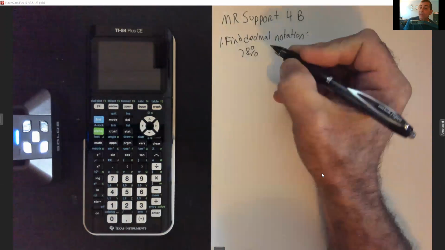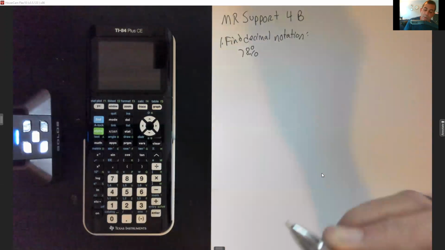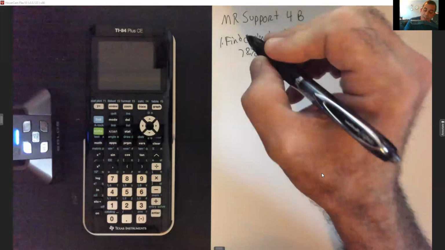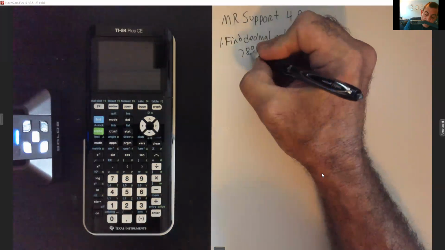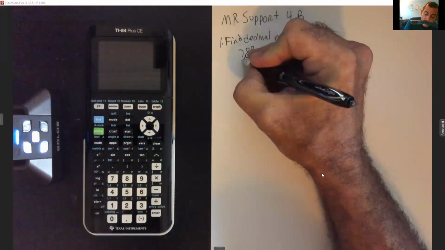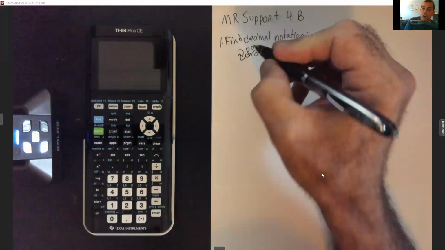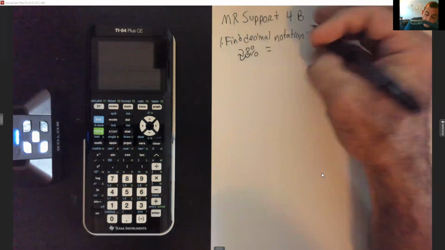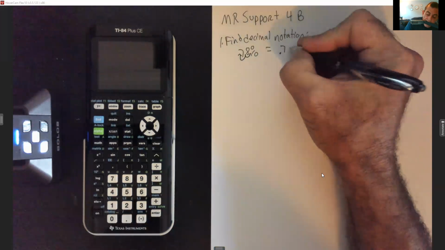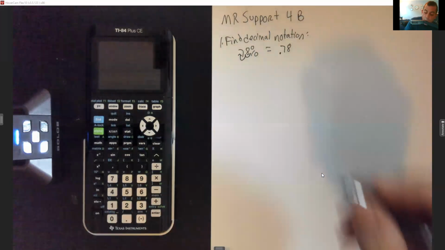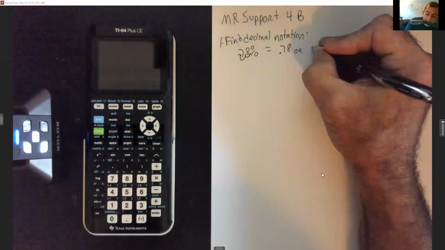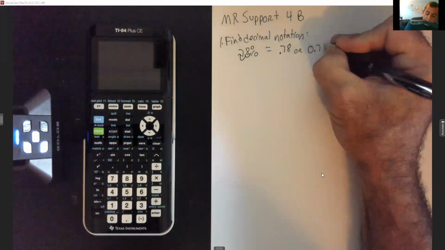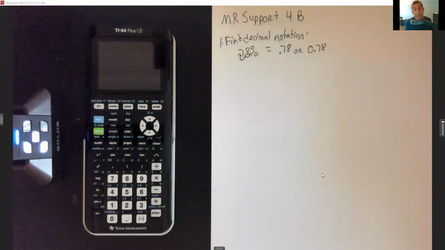That's why we don't have to show it. So to convert from a percent to a decimal, you move this decimal left 2 units and you drop the percent. So 78% becomes 0.78. Or you could write it as .78, okay? So it'll take that either way.